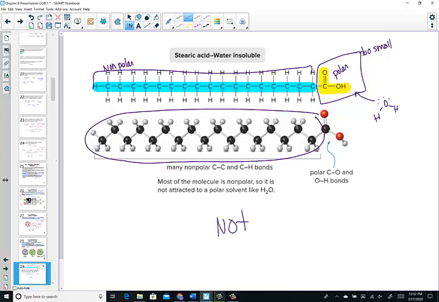Therefore, it is not soluble in water. Even though I have a nice little polar area, this is way too big, and that nonpolar area makes it insoluble in water.